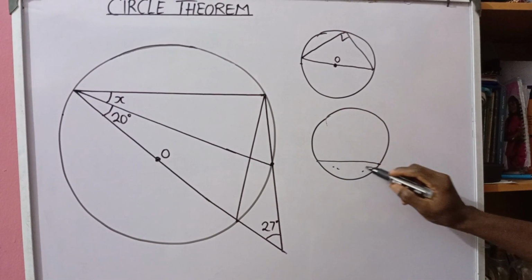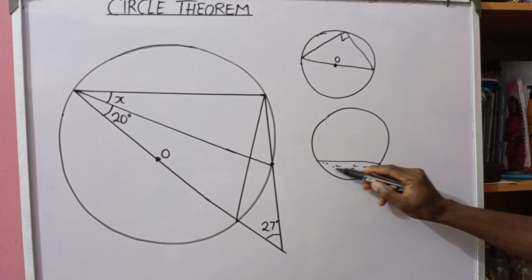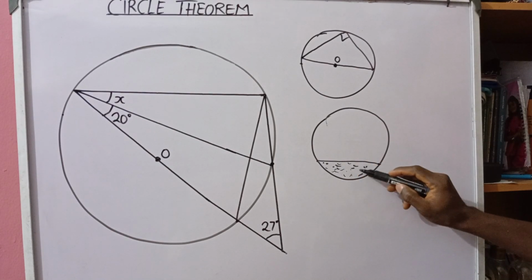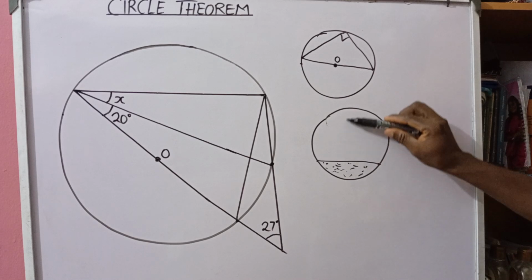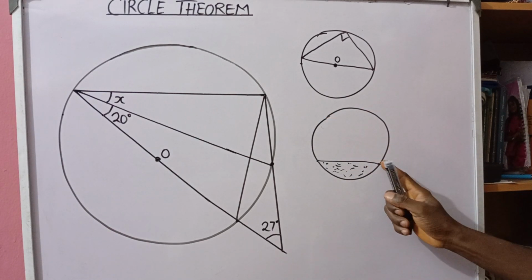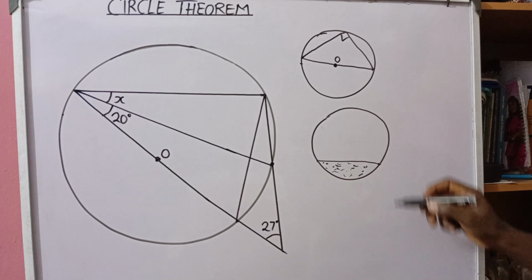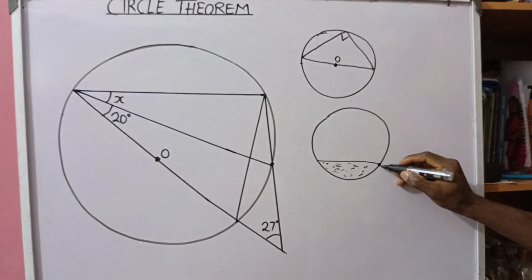Any angle coming from this segment, this is a chord. So a chord divides the circle into two segments, of which we have the bigger side of the circle as the major segment, and the smaller portion here shaded is known as the minor segment. Angle on the same segment is the angle subtended by an arc of a circle.